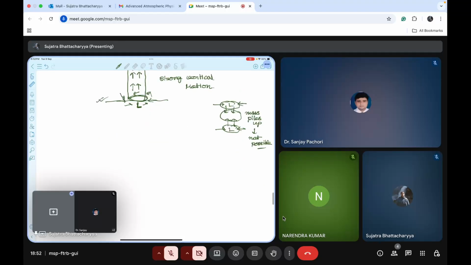So what we have found out so far is that low pressure regions have cyclonic circulation. Number one, cyclonic circulation. Number two, winds converge. Number three, strong ascending motion.